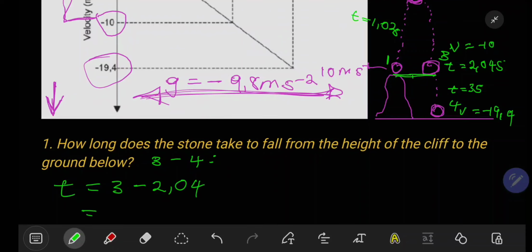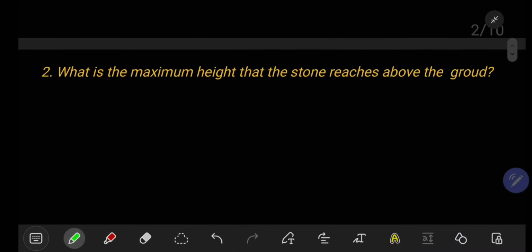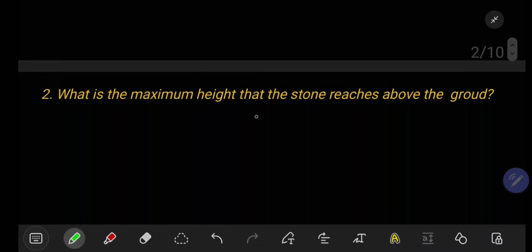And then we're going to have the difference of 0.96 seconds. So this is the time it takes for the stone to fall from this height to the ground below.